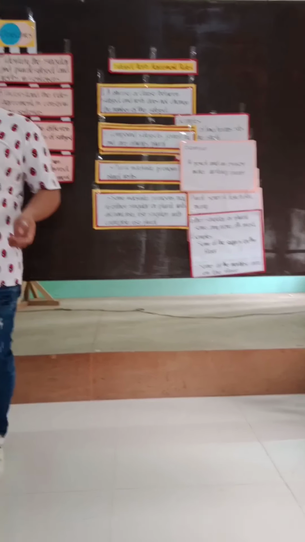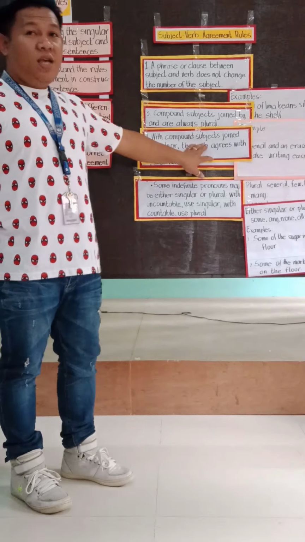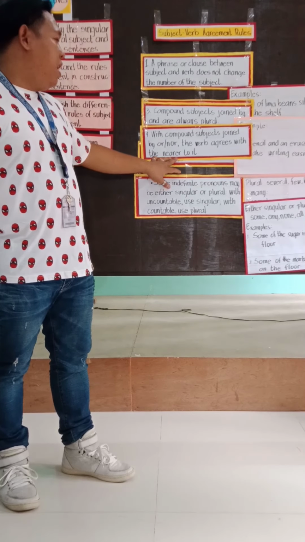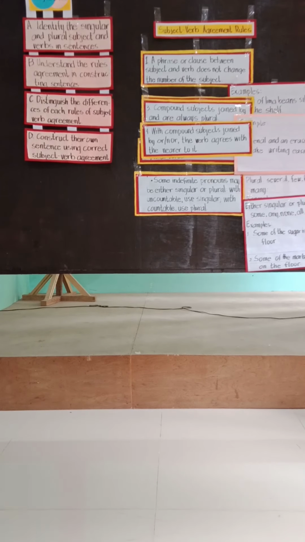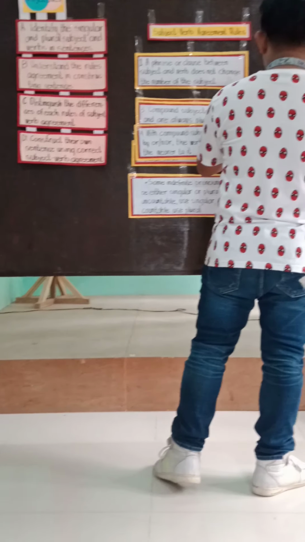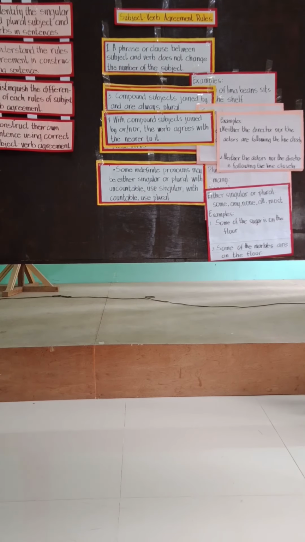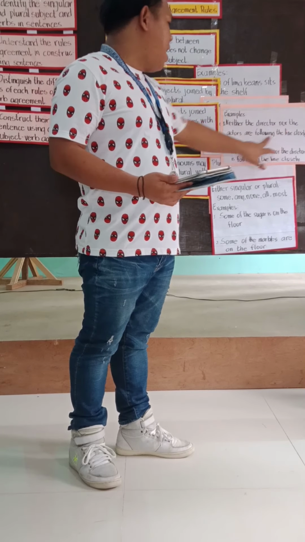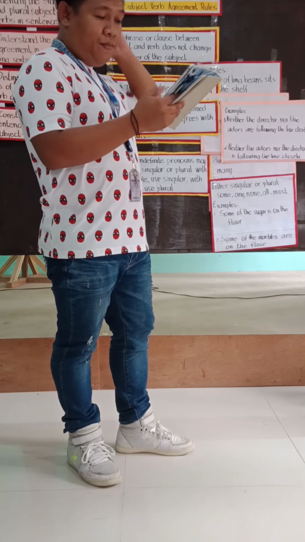And now let's go to rule number 4. Subjects joined by or and nor, the verb agrees with the one nearer to it. Example: neither the director nor the actors are following the line closely.